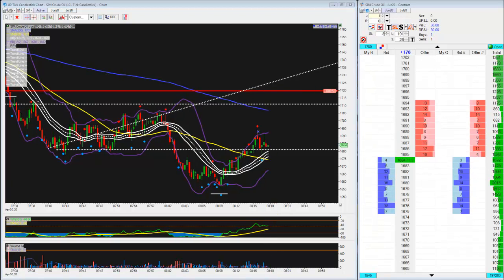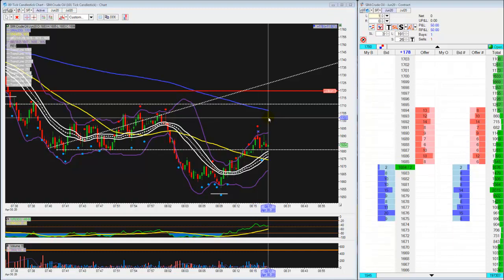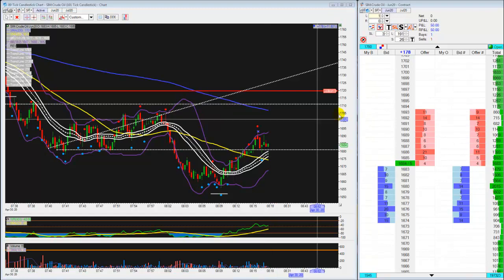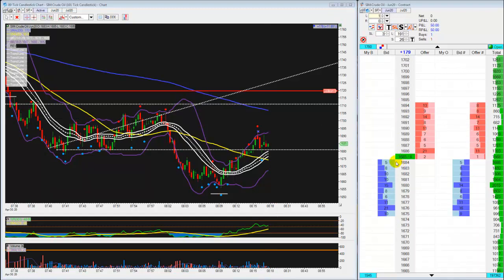Pausing. Alright, so these are the trades that hurt the most. When it goes to your stop and then comes off of it.